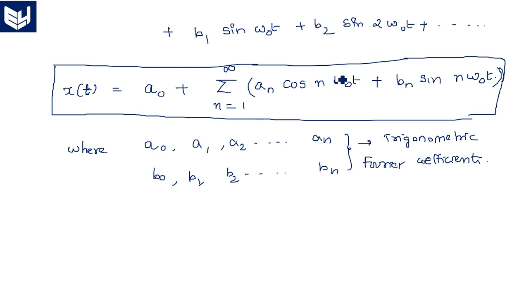After that, you need to find omega naught. These unknown parameters you are going to find out, and after that substituting those values in this equation gives you x of t in its trigonometric form. That is our main motto of this expansion. So now let us evaluate these components one by one.